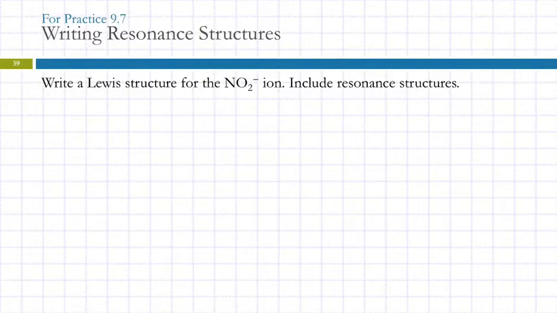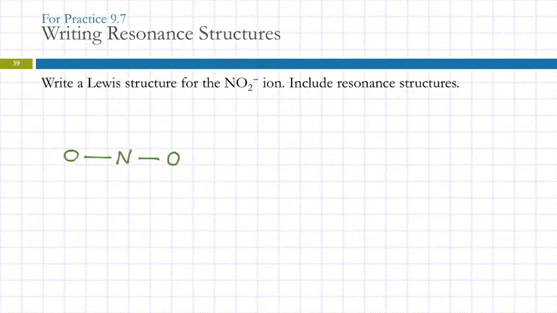What's more electronegative, oxygen or nitrogen? Oxygen. It's closer to fluorine on the periodic table. So the oxygens are probably going to be on the outside, and the nitrogen is probably going to be on the inside. So we'll start out that way. Nitrogen here, an oxygen on one side, an oxygen on the other side.